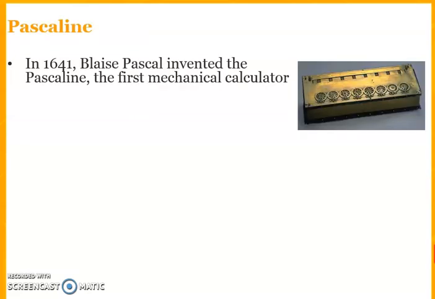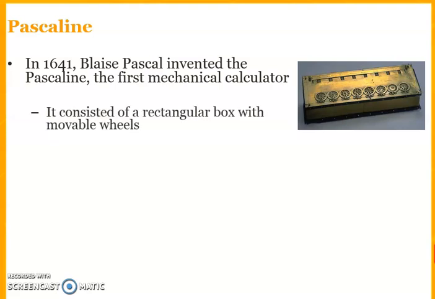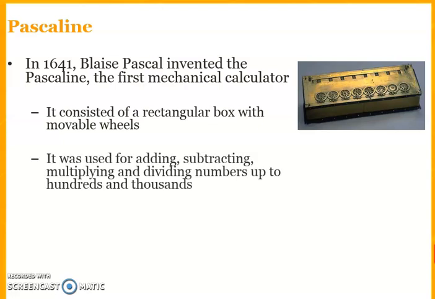Then it's time for Pascal. Blaise Pascal in 1641 invented a mechanical calculator called the Pascaline. It's also named after its inventor. It is a rectangular box with movable wheels. I want to show you the picture also. There are some wheels with wooden strips, and these wheels move. On whichever number you want, you just move the strip arrow.